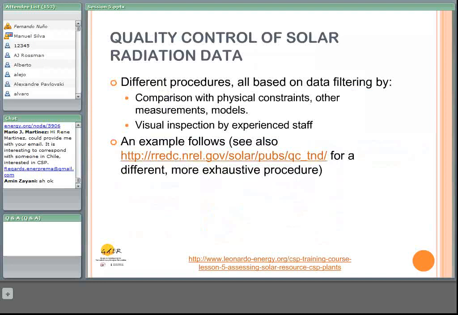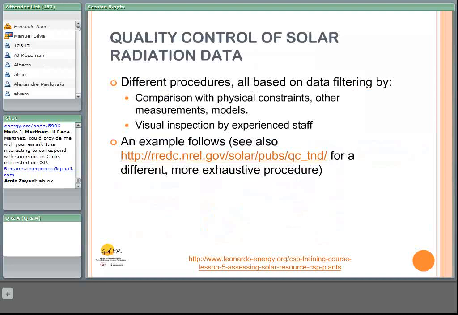Perhaps the most extended quality control procedure is that proposed by the Baseline Surface Radiation Network, which I didn't include the reference here, sorry, but it's easy to find on the web.